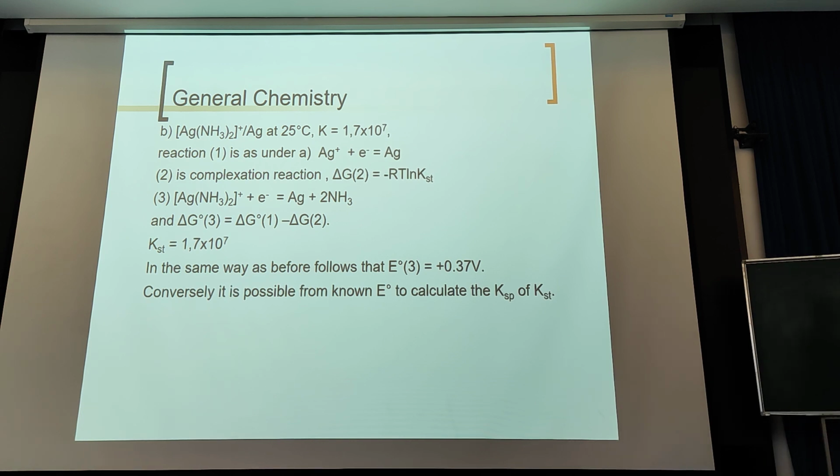And we know the free energy of that reaction because we also know the equilibrium constant, Kst, and that's 1.7 times 10 to the 7th. We have encountered that before. So that means the third reaction is actually reaction 1 minus reaction 2.